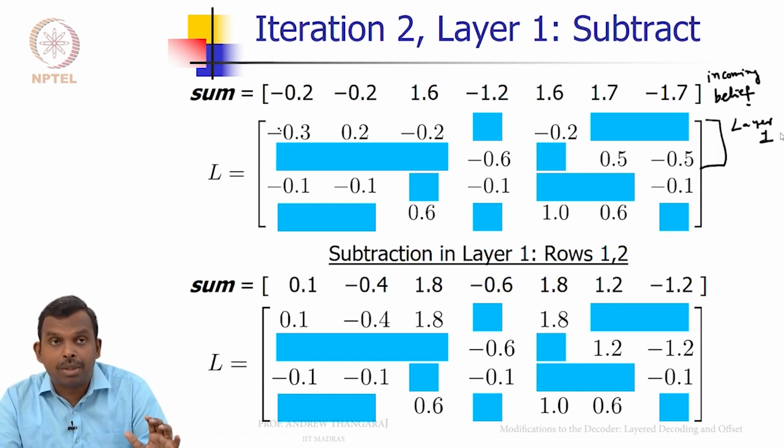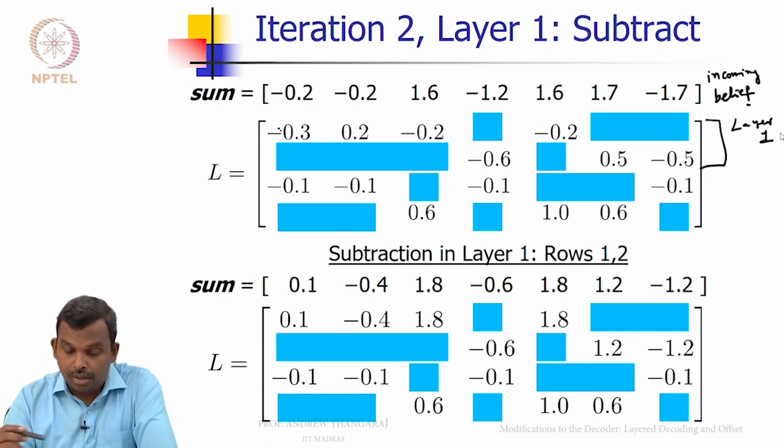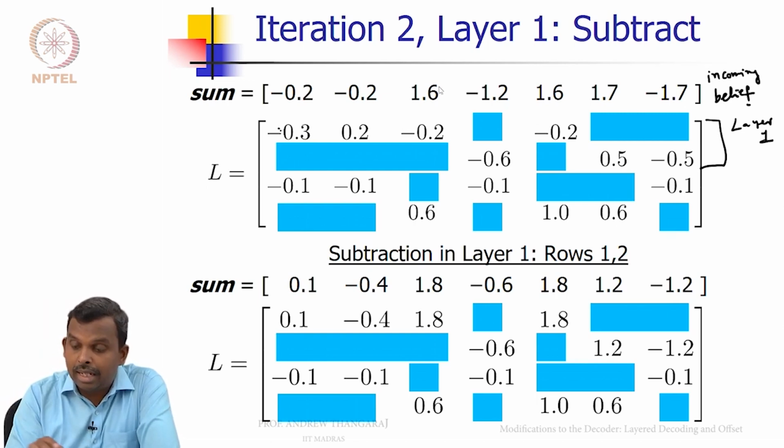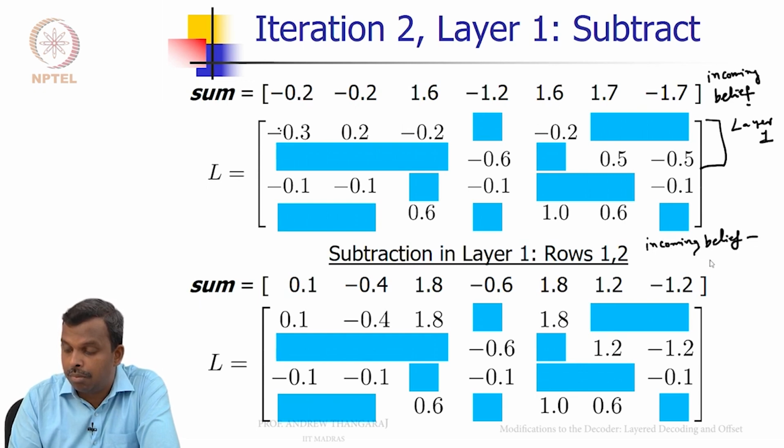So, in the first step, you have to subtract. What do I mean by subtract? You take the incoming belief and do incoming belief minus layer 1. Okay. So, this is sort of the subtraction that you have to do.